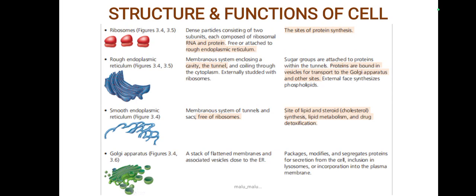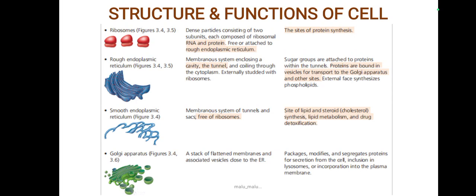There are two types of endoplasmic reticulum: rough endoplasmic reticulum and smooth endoplasmic reticulum. Rough endoplasmic reticulum is a membranous system enclosing a cavity, the tunnel, coiling through the cytoplasm. Externally it is studded with ribosomes. Smooth endoplasmic reticulum is free of ribosomes.